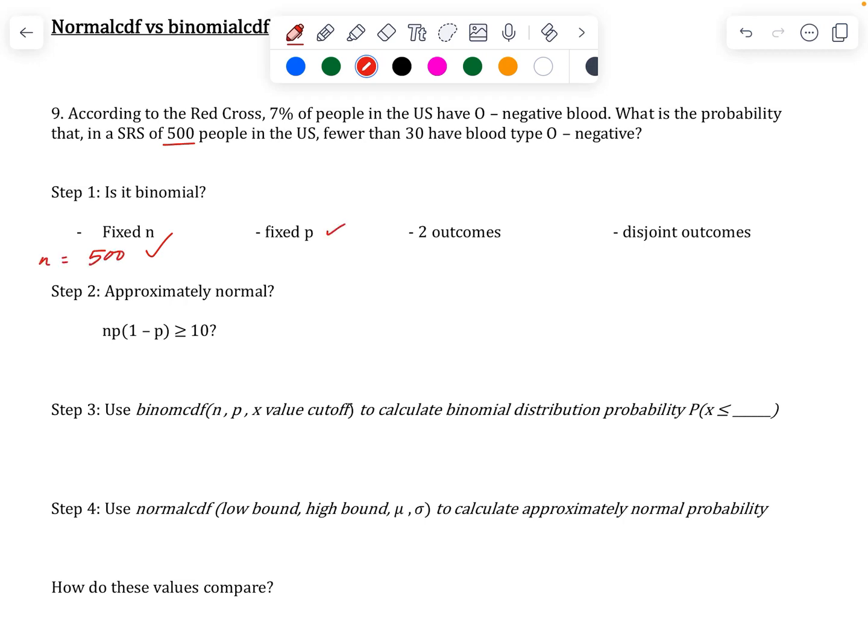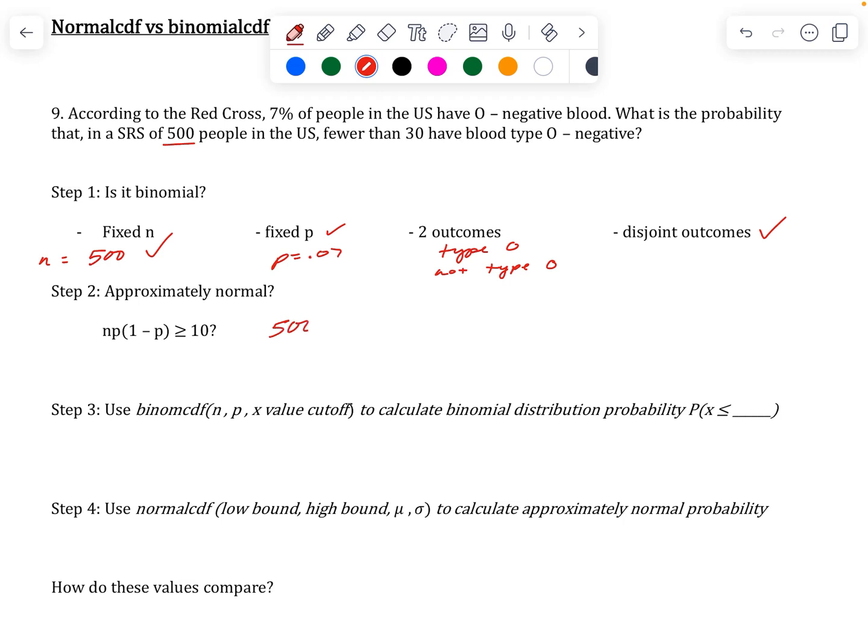Do we have a fixed p? Yes, p is 0.07, 7%. Do we have two outcomes? Type O, not type O. And do we have disjoint outcomes? Yes, you cannot be both type O and not type O. So let's check approximately normal.